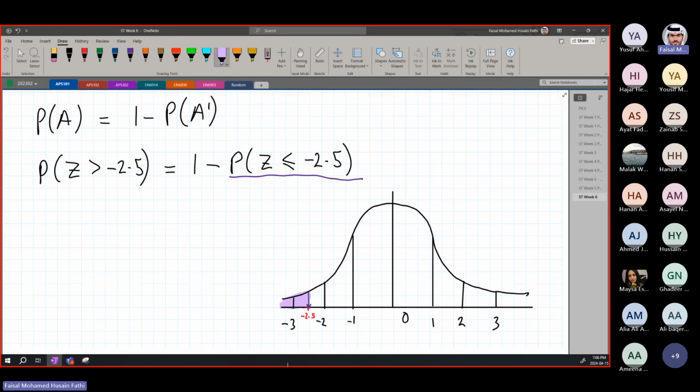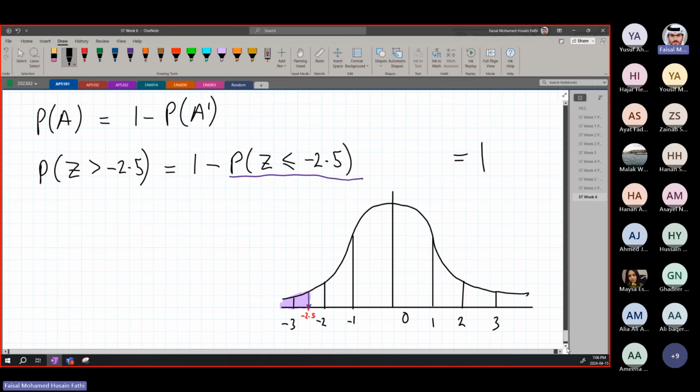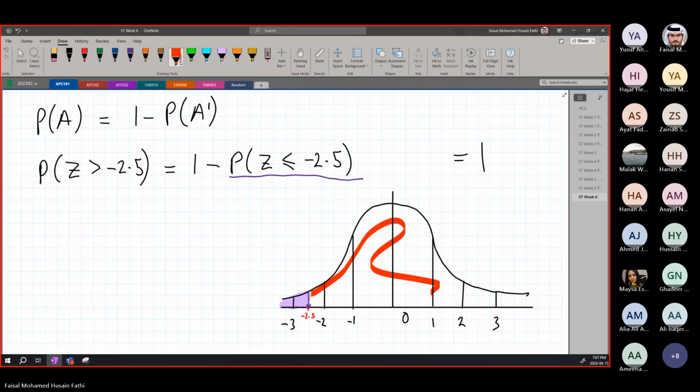So the area of the entire graph is going to be equal to 1. The full area of everything has to be equal to 1. So in other words, what are we saying? We want the value of not this. What's the value of not this? It is basically the entire remaining shaded area, which is here. This is what this means.